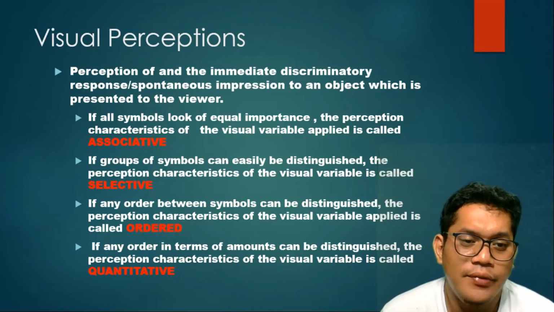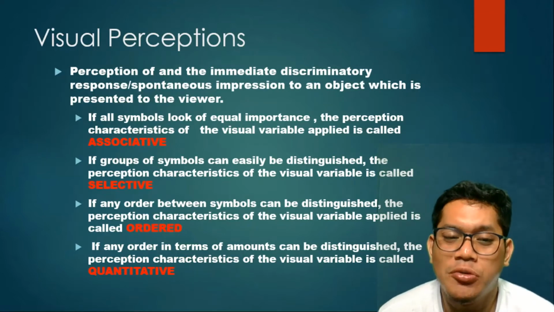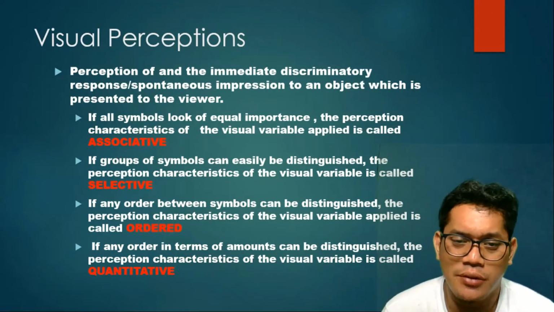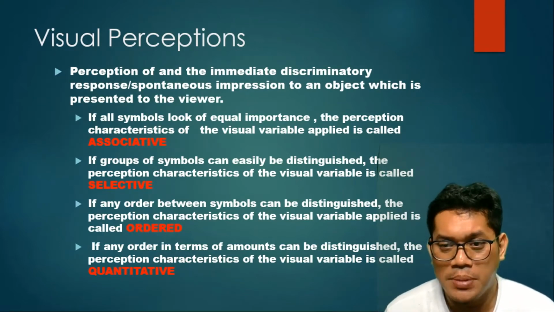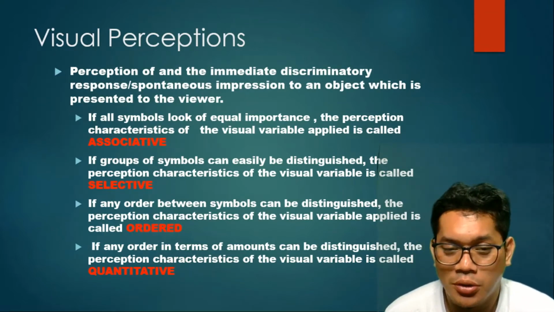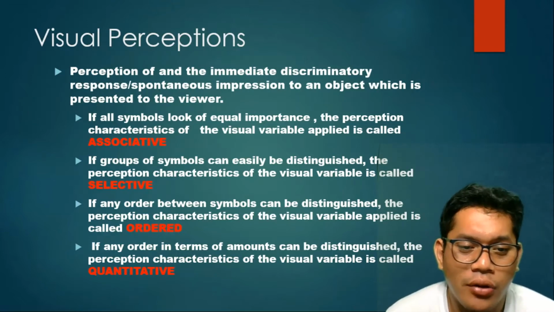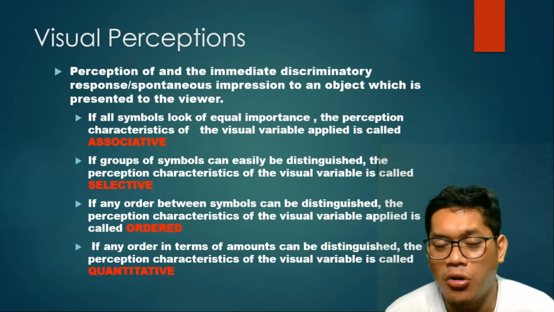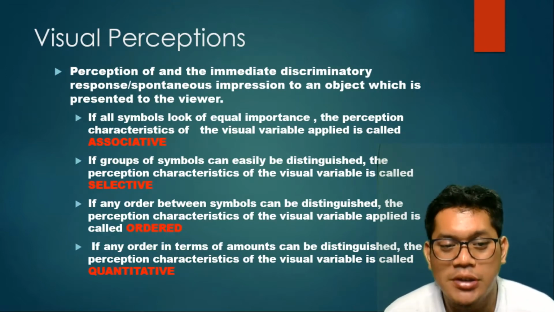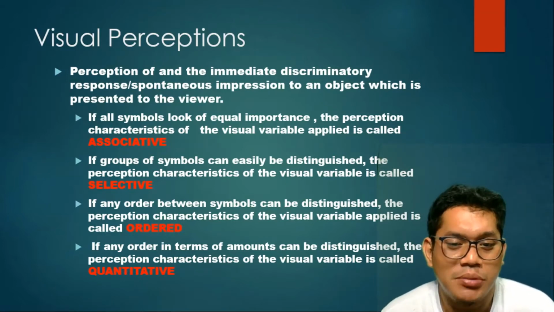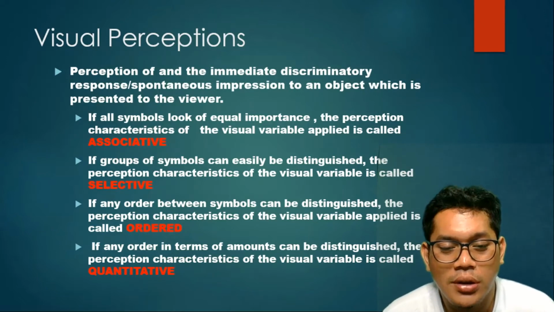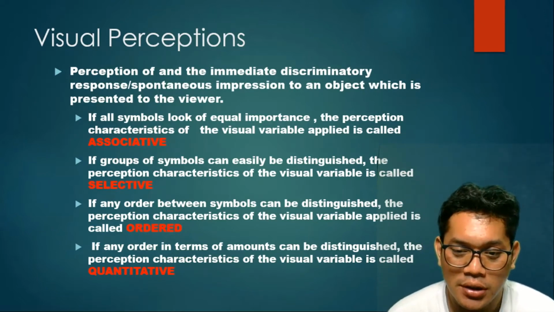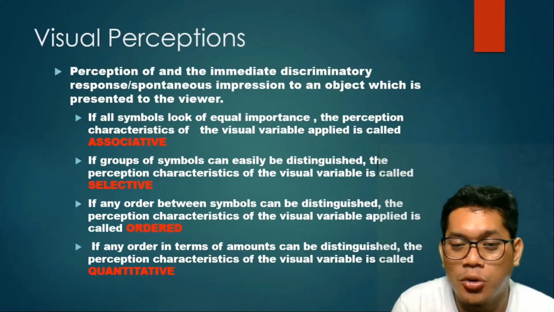However, if the groups of symbols can be easily distinguished, with different shapes and different sizes, it could be selective, where people will look from the bigger to the smaller one. If the order of importance of objects can be distinguished, then the perception is ordered. And if the order in terms of amount can be distinguished, then it is called quantitative.